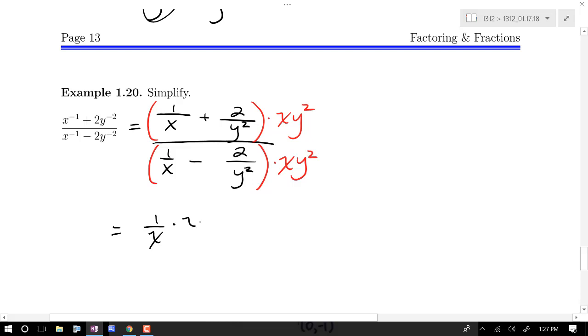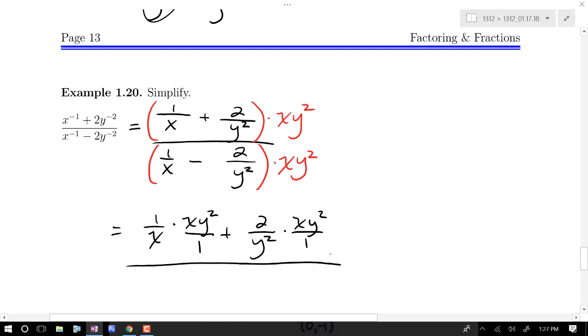1 over x times xy squared. And I'll go ahead and just write it as xy squared over 1, just to make it easier to organize. Do the same thing on the bottom.